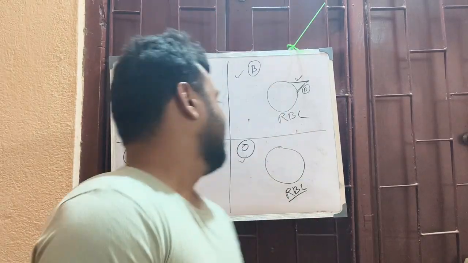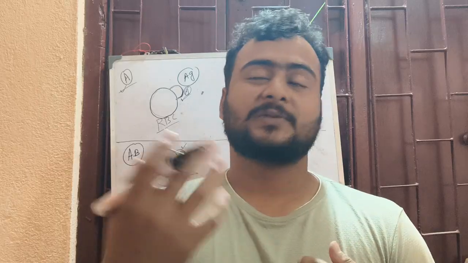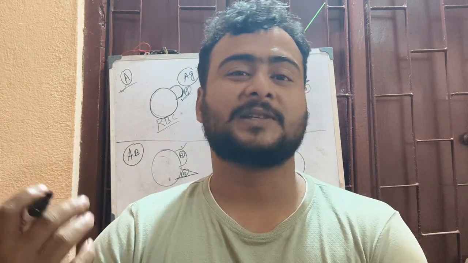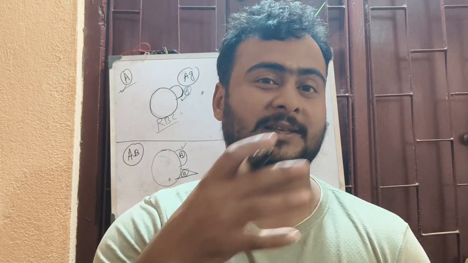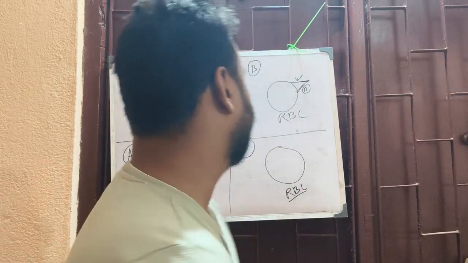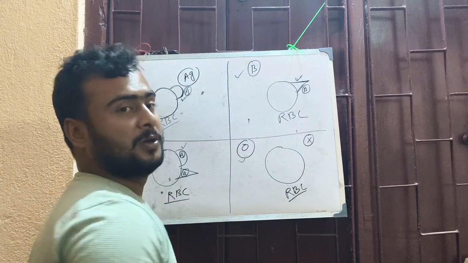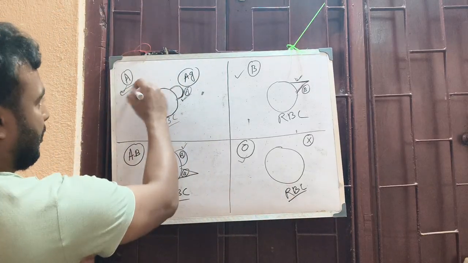In the case of the O blood group, if someone asks you which kind of antigen is present on the surface of your RBC, you can say there is no antigen. Why? In the case of A, I have drawn this antigen.